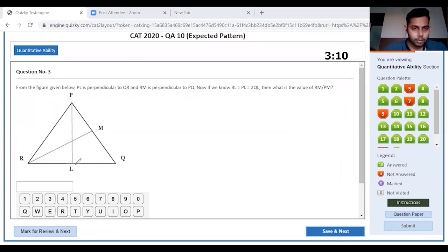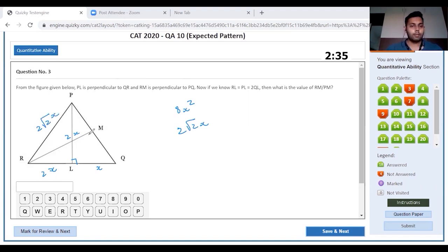PL is perpendicular to QR. Okay. RL, let's take as X. PL is also X. PL is equal to 2 times QL. So let's take this as X. Let's take this 2X. 2X, right? 8X square, which is 2 root 2X, which will be this.